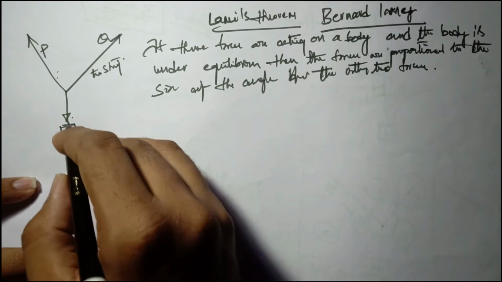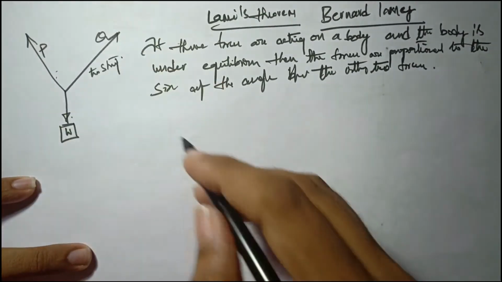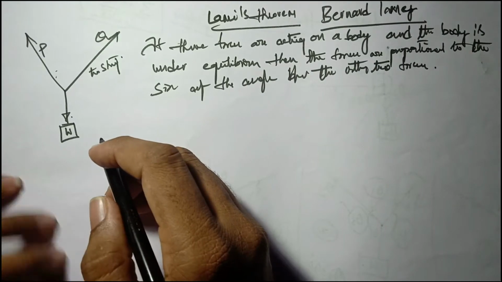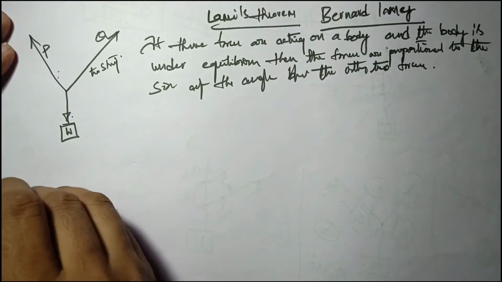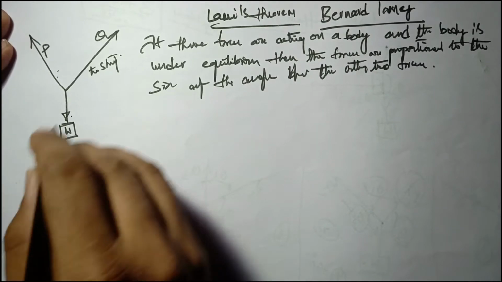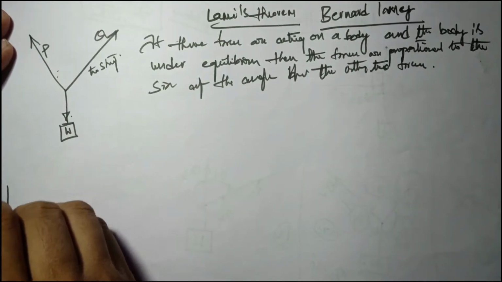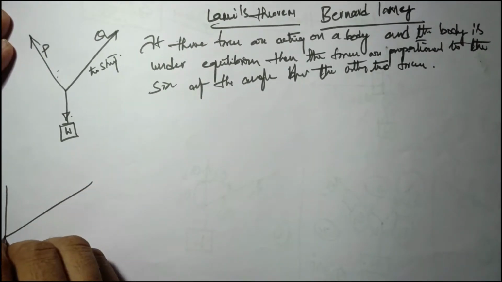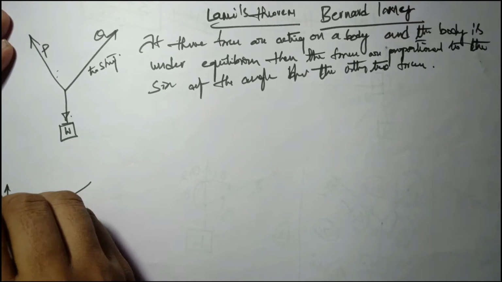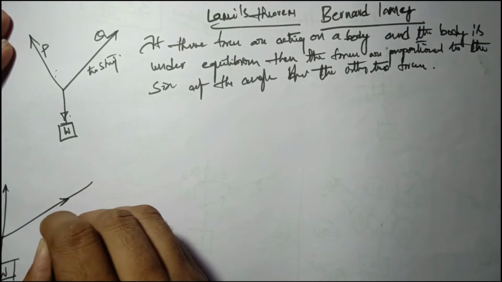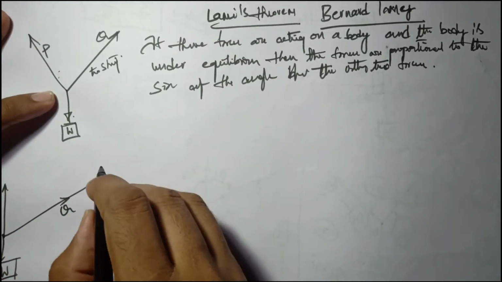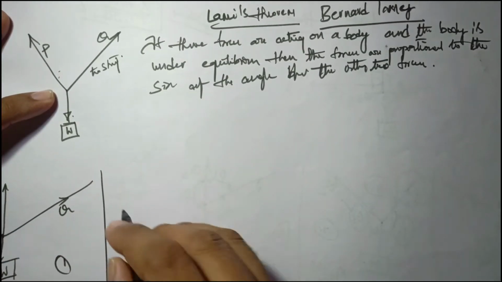This weight is actually creating tension in these two strings. So that is what I've represented here as P and Q, and the weight, which will obviously act in the downward direction.